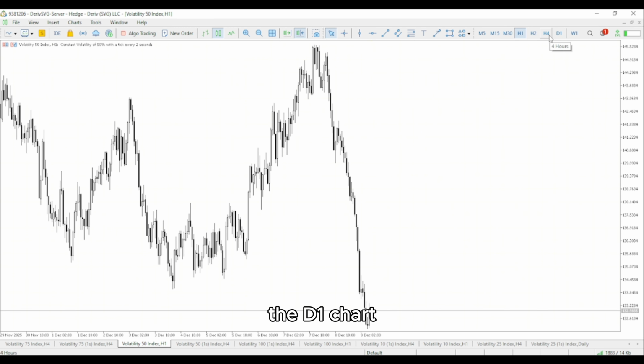If the D1 chart, which is the daily chart, aligns with the H4 time frame chart, it's a very good one. Then you also check if the D1 and the H1 are aligned with the H1 time frame chart, which is where you want to be getting your trades from.